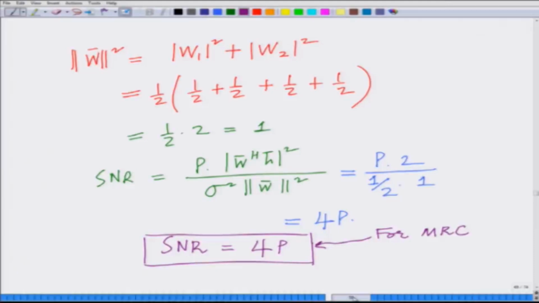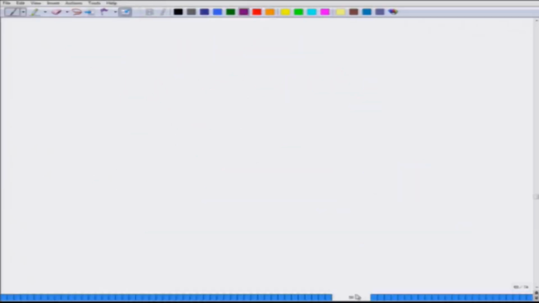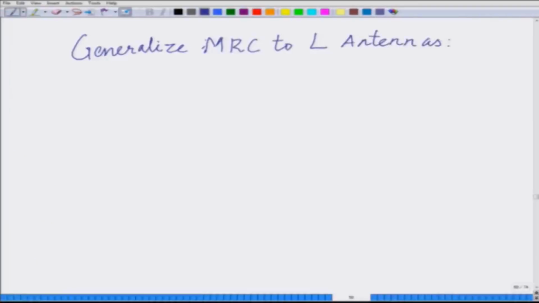Right now we have considered a scenario with 2 antennas only, we want to generalize this. So let us generalize the concept of MRC to L antennas, and that is fairly simple, as you might have already realized.